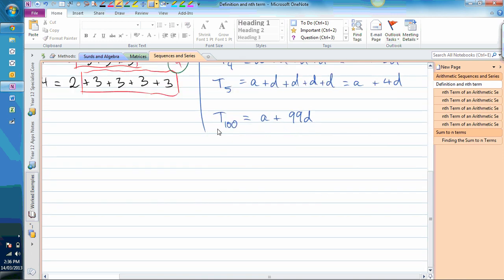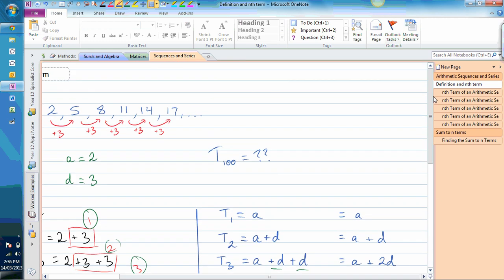So we're going to go that term 100 is going to be a, which was 2, plus 99 times 3. And 99 times 3 is 297. And adding those together, I'm going to get 299 as my 100th term in this sequence.